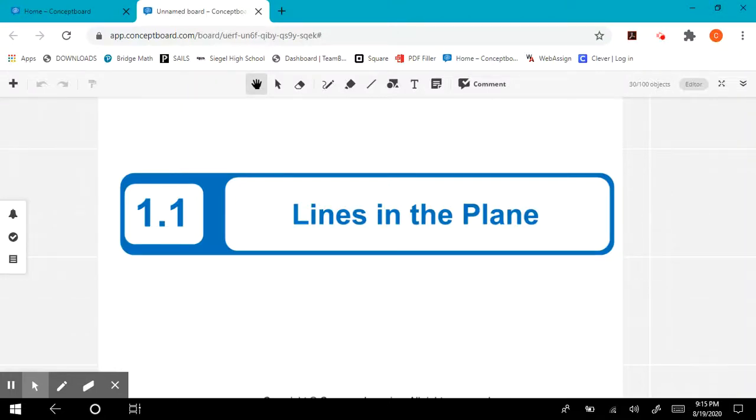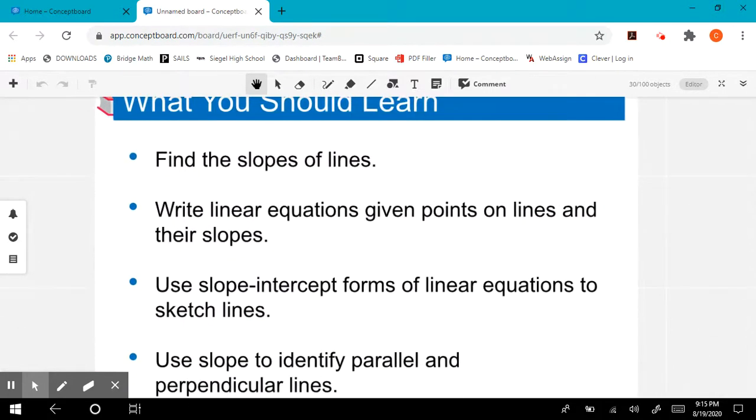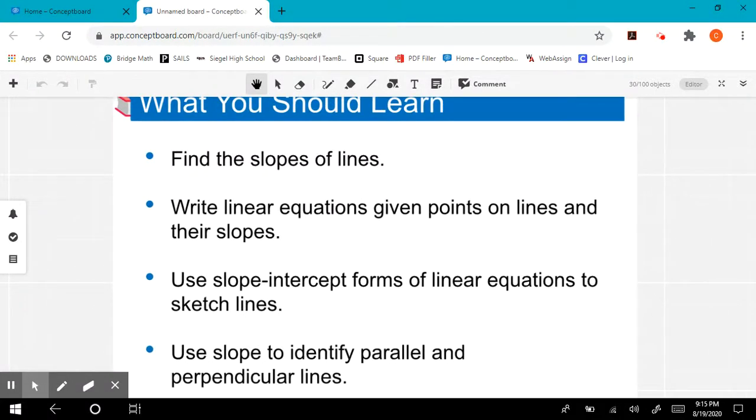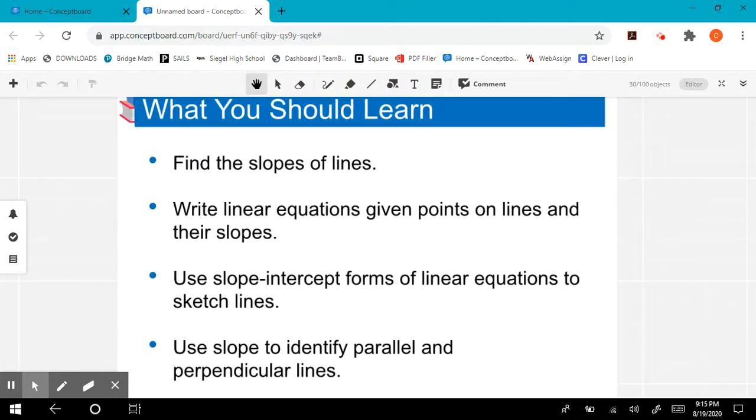Okay, pre-calc class, we are starting in our first chapter, first section, and today we are going to be looking at lines in the plane, and more specifically, we're going to talk about the slopes and how to find the slopes using graphs and by the formula.